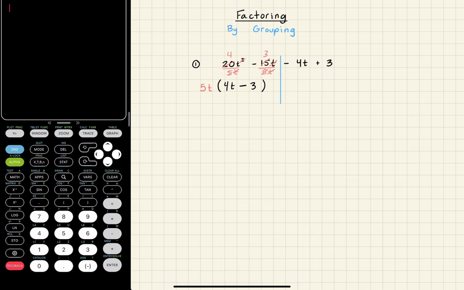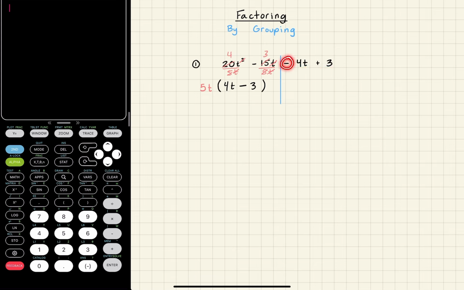Looking at this second group, I don't really notice anything that they have in common as far as 4 and 3. The only thing they have in common is a 1. So that's what we're going to take out. But also notice that this first term has a negative. Anytime that happens, you usually want to take that negative out as well. So again, the only thing these 2 terms have in common is a 1.